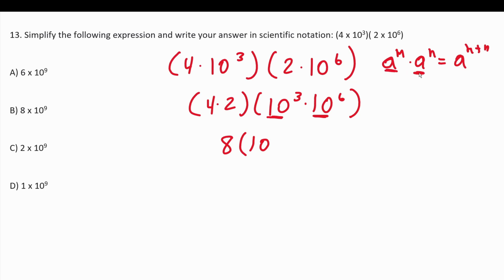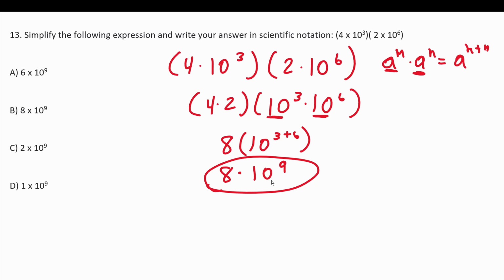We have the same bases, but different exponents. So this becomes 10 to the 3 plus 6. This becomes 8 times 10 to the 3 plus 6 is 9. And just like that, this is written in scientific notation. 8 times 10 to the ninth is right here. Okay, so that's that one.